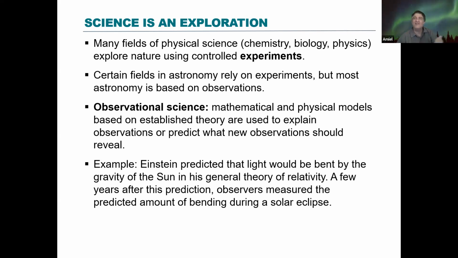And he predicted the exact amount it should be deflected because of the curvature of the fabric of space-time around the sun. The prediction was exactly correct and was measured, that's when he became Albert Einstein.